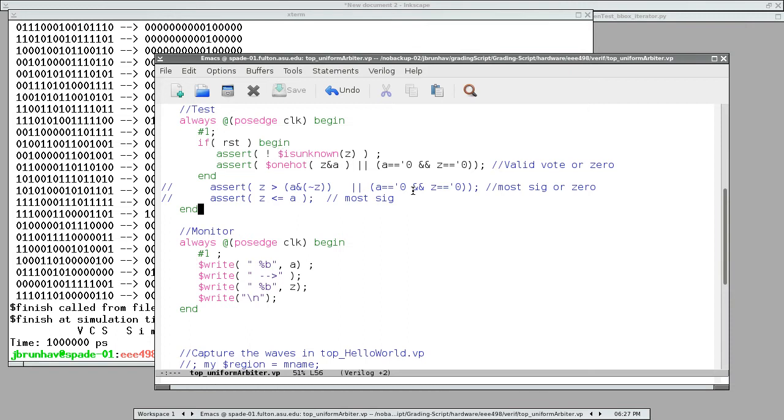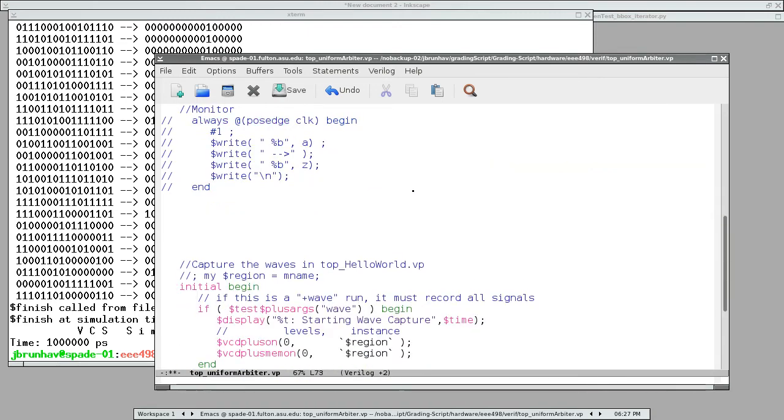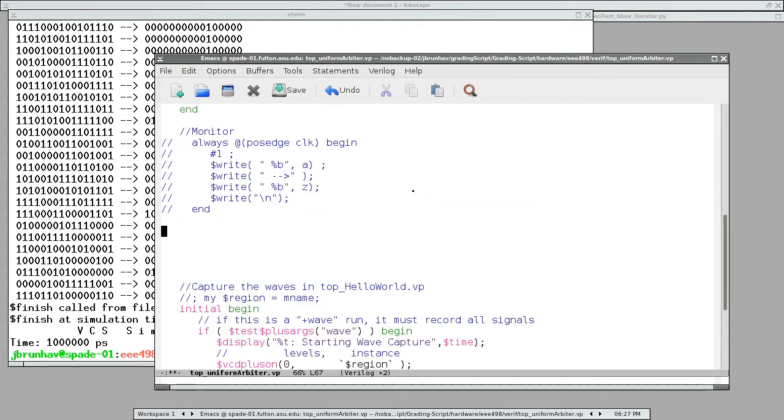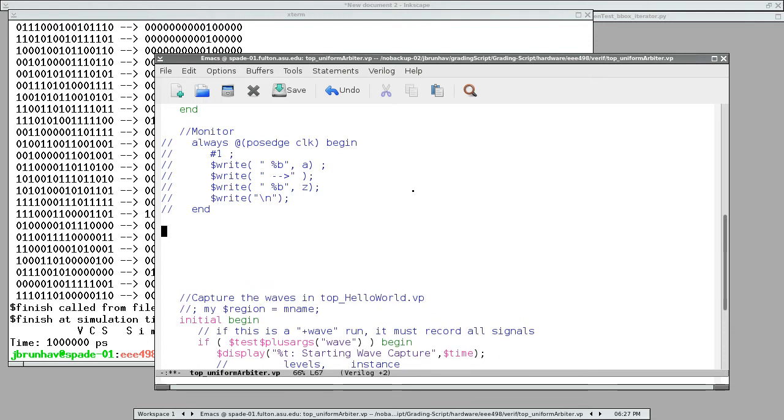So what we kind of need to do is verify whether or not this actually had uniform probability. Oh, cool, that's there. I didn't realize the waveform viewer was there. Cool. So how are we going to do that?